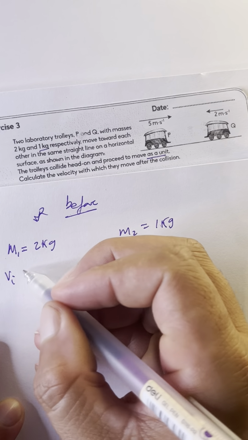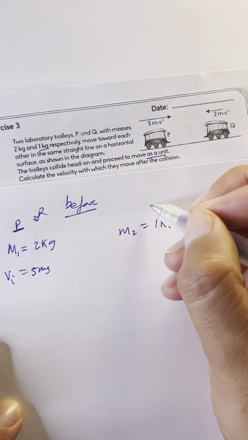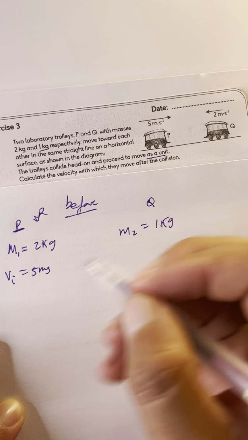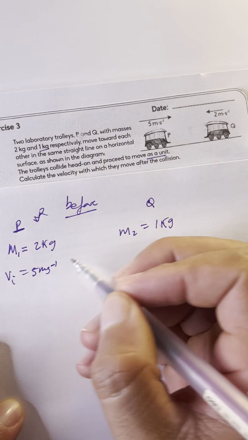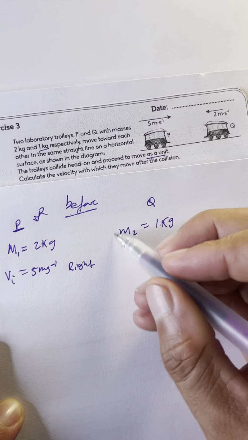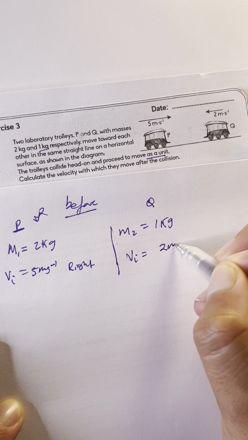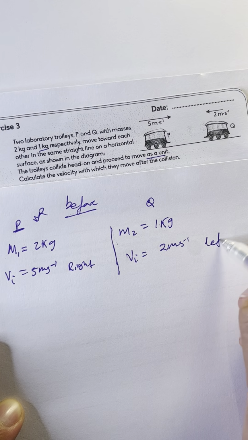This one is moving with a velocity of 5 meters per second. So this is P and this is Q. 5 meters per second to the right. And this one is moving with an initial velocity of 2 meters per second to the left.